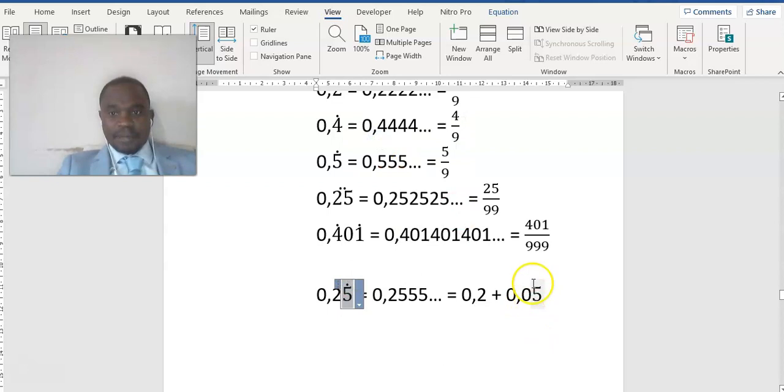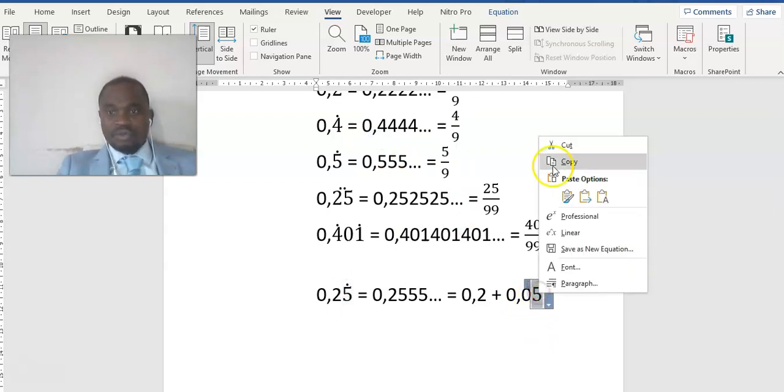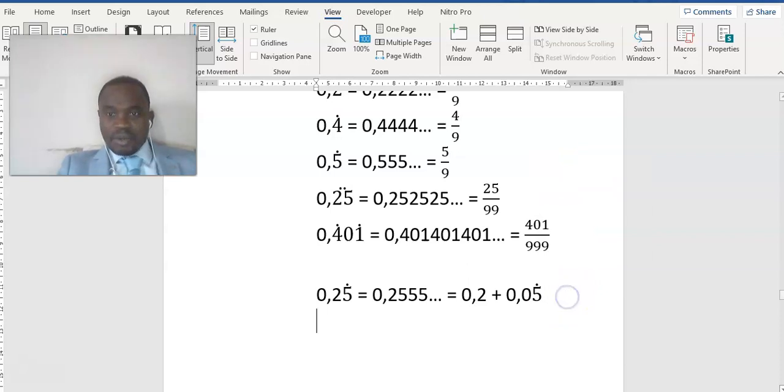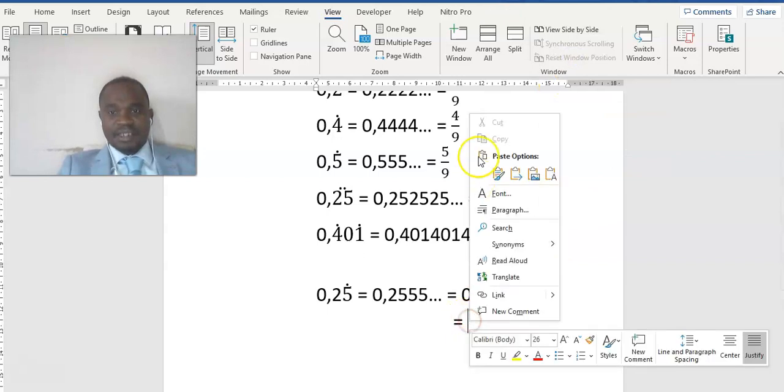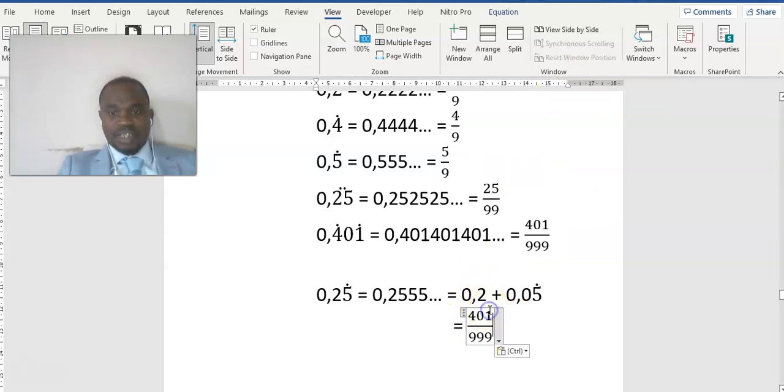Okay, so here what we are going to do is write this one in the form a over b. 0,2, remember we learned that 0,2 we can write as a fraction like this. It's going to be 2 over 10, plus 0,05.